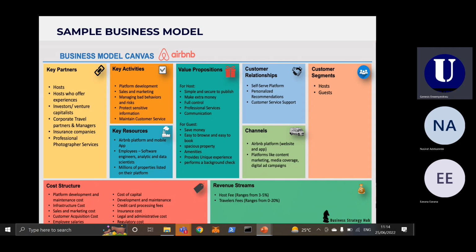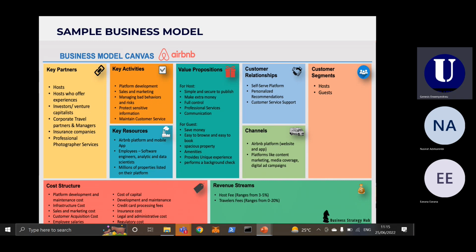Or 80,000 naira per day. So they want to list it for 80,000 naira per day. Airbnb will charge 3.5% of that from the host. So 3.5% of that could be an additional cost that Airbnb will put and then display the ad to the guests.